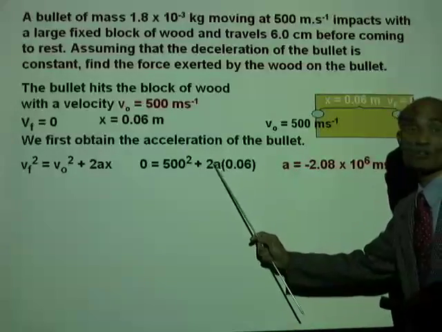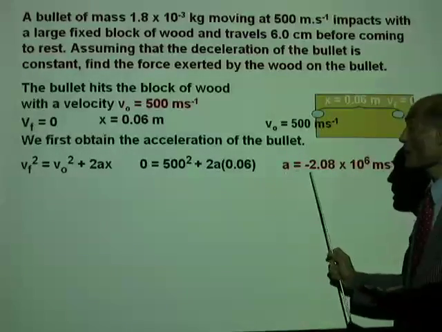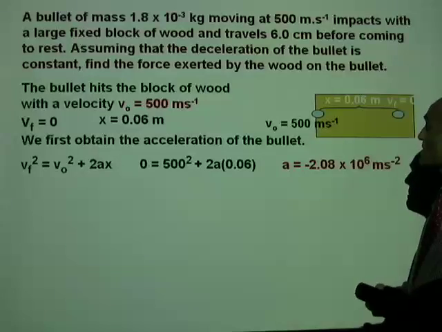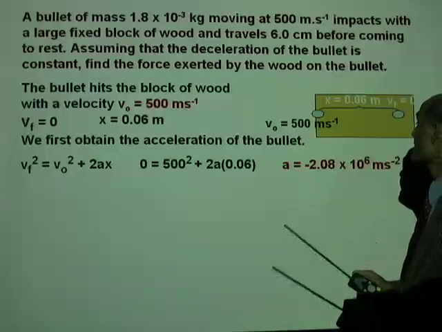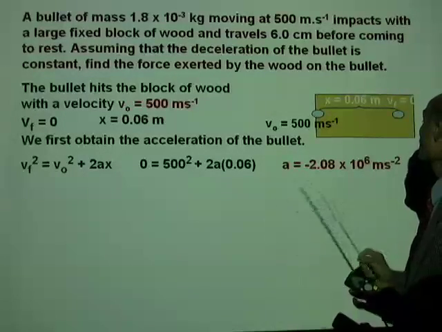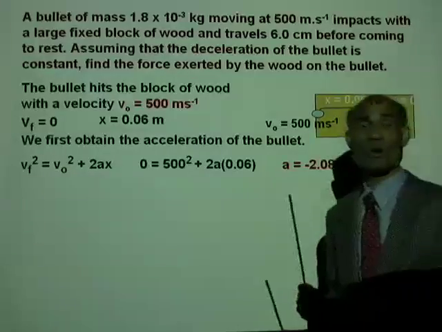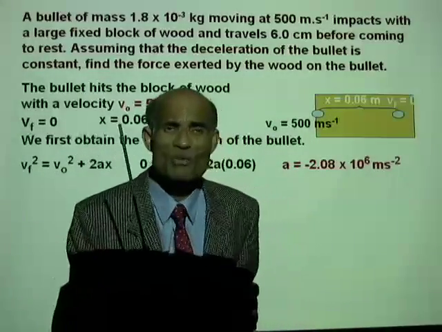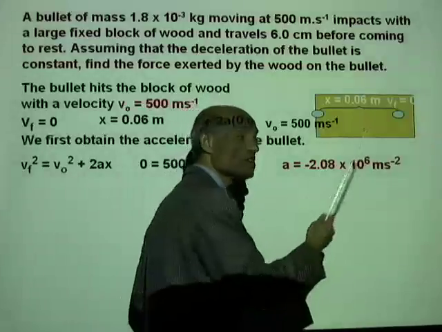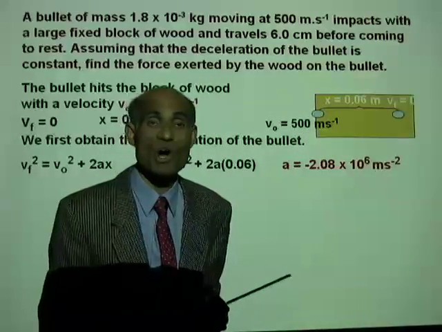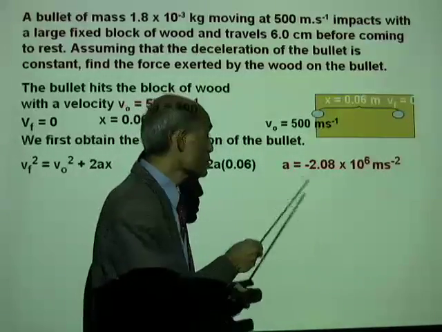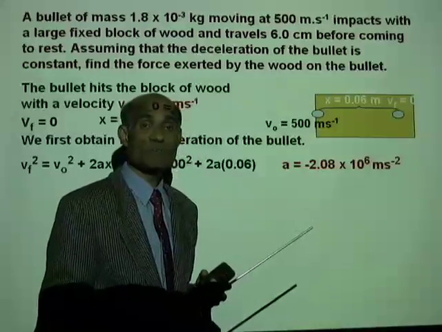I'm going to leave it for you to solve on your own. I got a equal to negative 2.08 times 10 to the 6 meter per second squared. That is a tremendous acceleration. Negative means it is directed opposite to its velocity. So this is the acceleration.